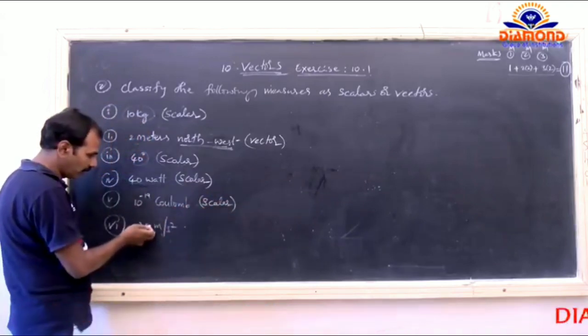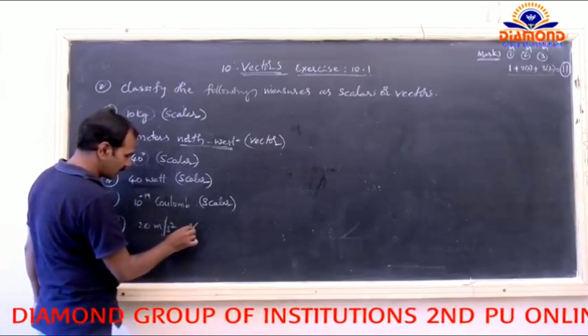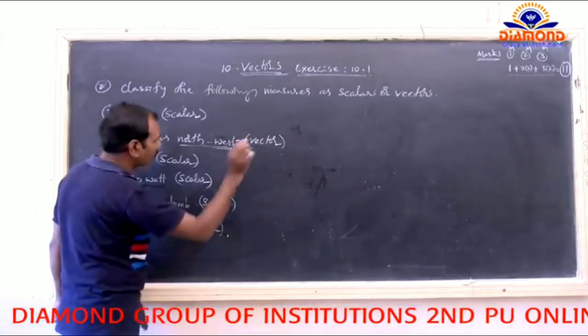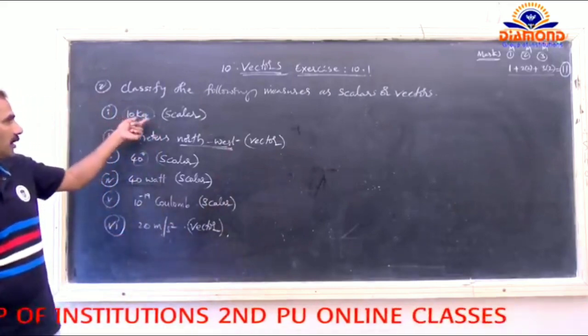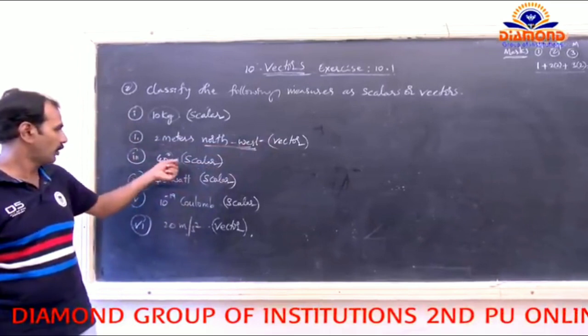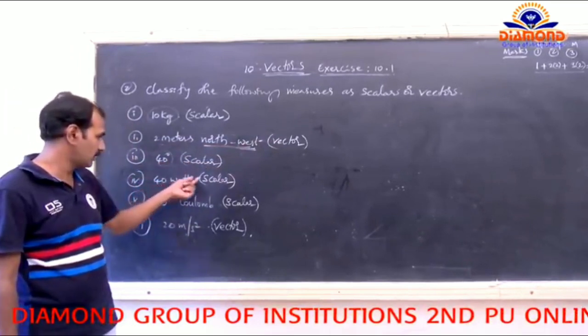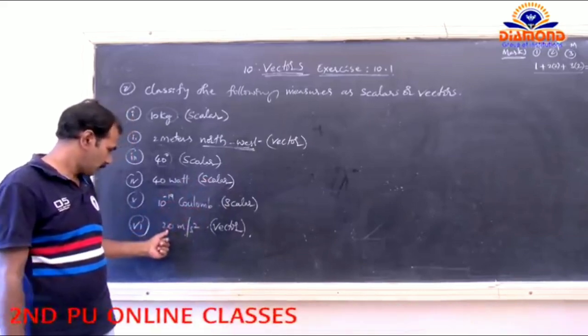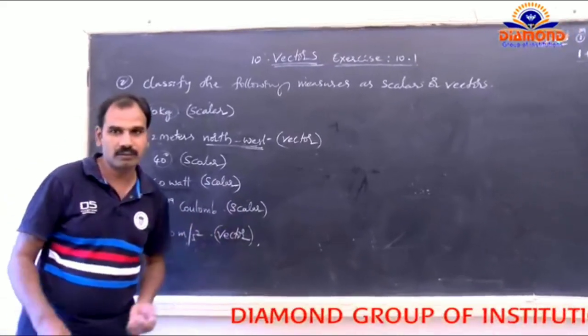Next, 20 meter per second square, acceleration, it is vector. Right. 10 kg scalar, 2 meters northeast vector, 40 degrees scalar, 40 watts scalar, 10 to the power of 19 coulomb scalar, 20 meter per second square vector.